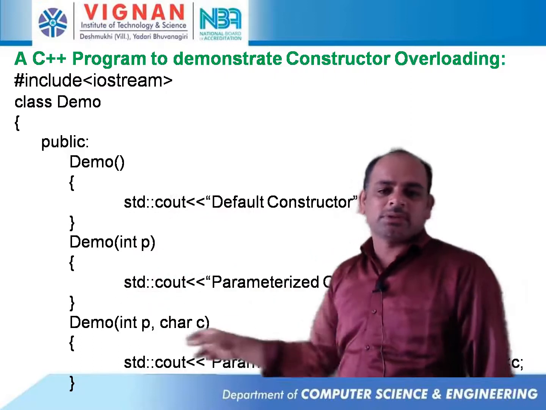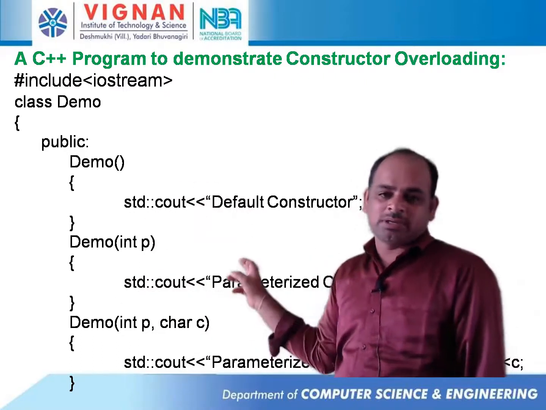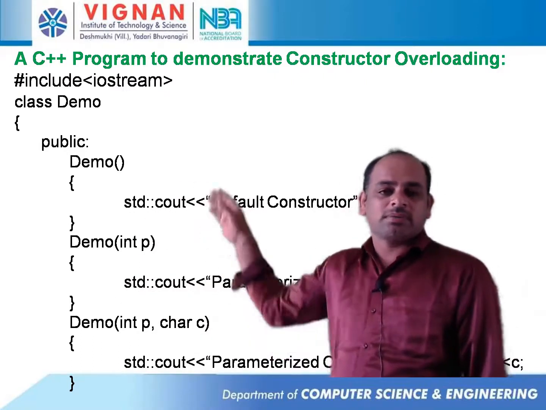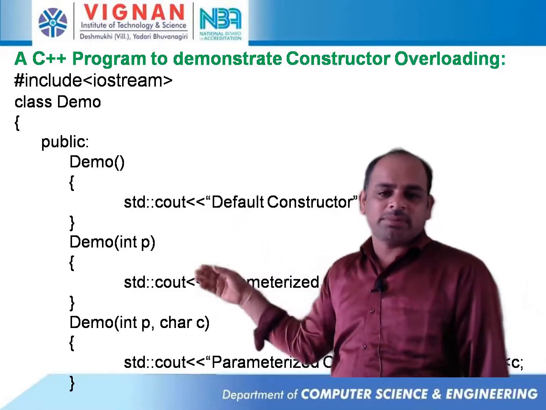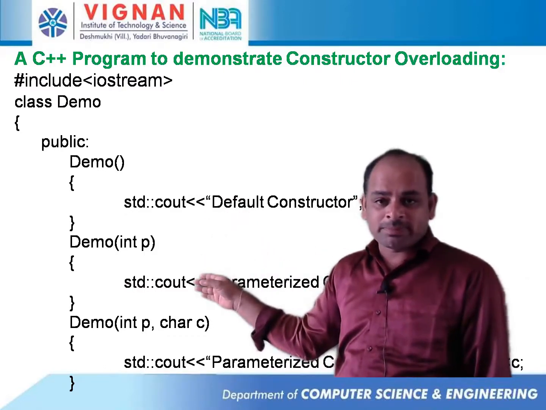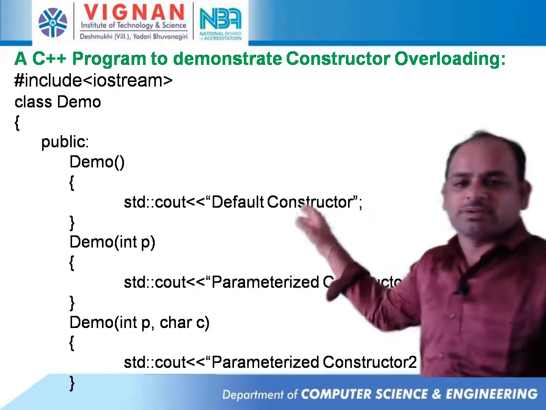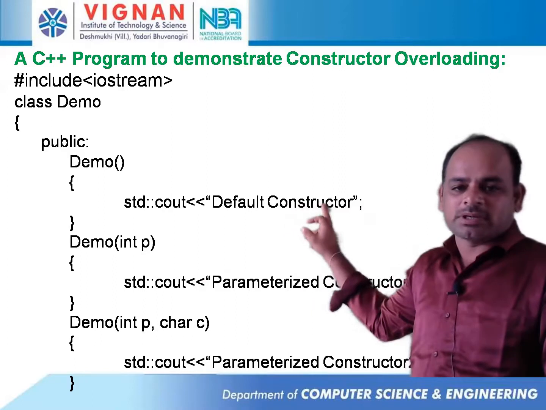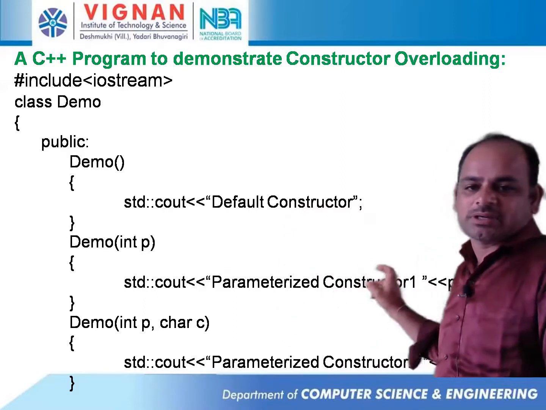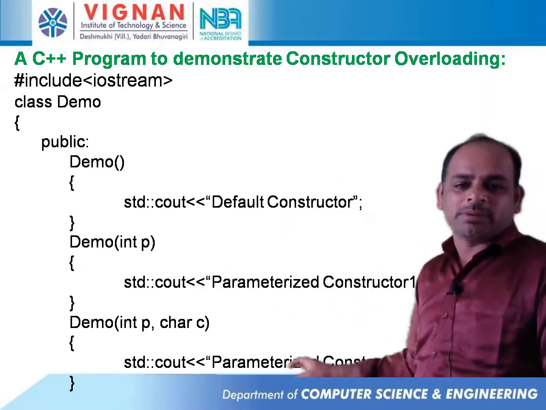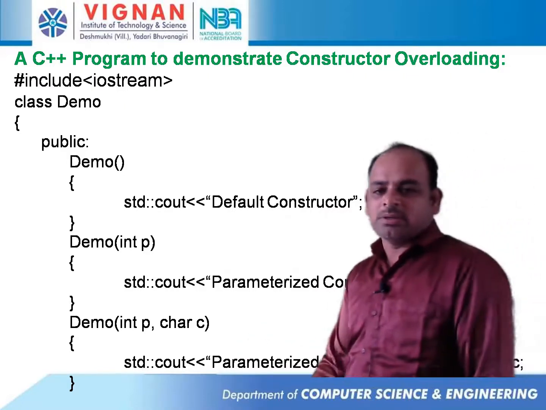So this concept is known as constructor overloading here, right? So here it is the default constructor, the parameterized constructor with one parameter, and the parameterized constructor with two parameters, which will display the default constructor message, parameterized constructor and display the p value, and parameterized constructor display the p and c values here.